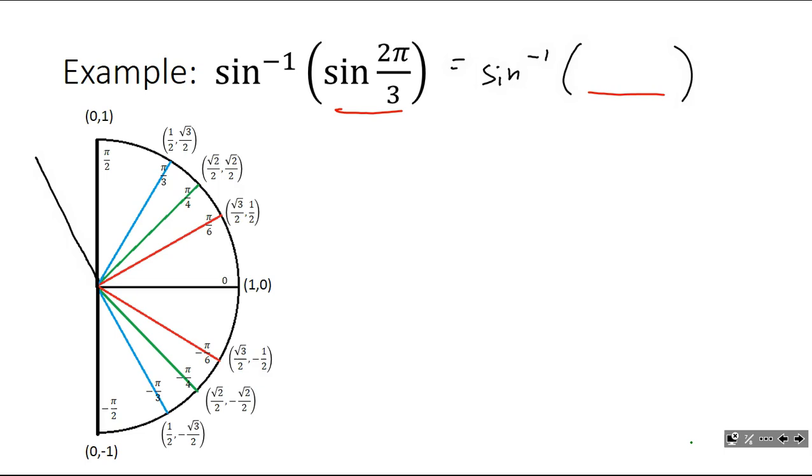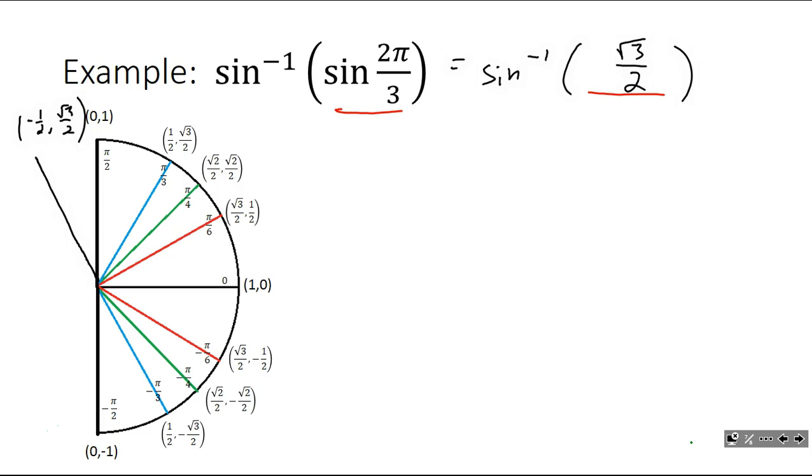Okay, this is fine because we're not doing an inverse sine. The inner function is a sine, so we can look anywhere. And we have the sine of 2 pi over 3. Well, those coordinates there are negative 1/2 and square root of 3 over 2. So the sine of 2 pi over 3 would be equal to the y value, square root of 3 over 2.